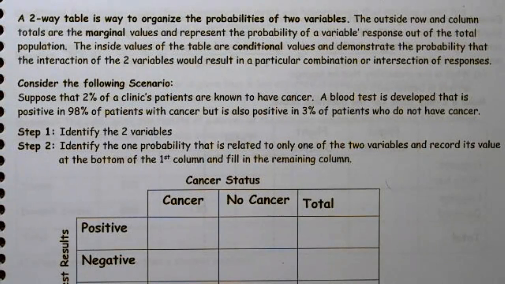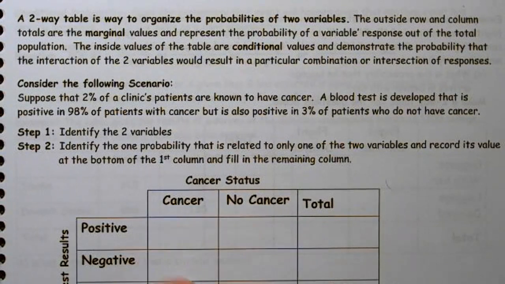I really think it'll help you get a lot of problems that you wouldn't otherwise be accessible to you. The inside table values are your conditional or your joint probabilities, and they're called joint probabilities because they happen at the intersection.